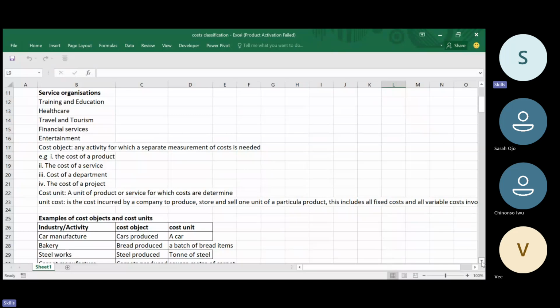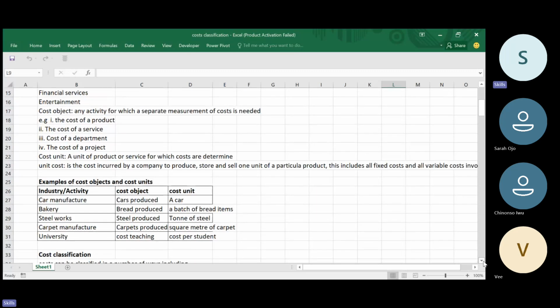If you are providing a service, the cost of that service is the cost object. Then cost of a department, the cost of a project, the cost you put in to a project is the cost object.